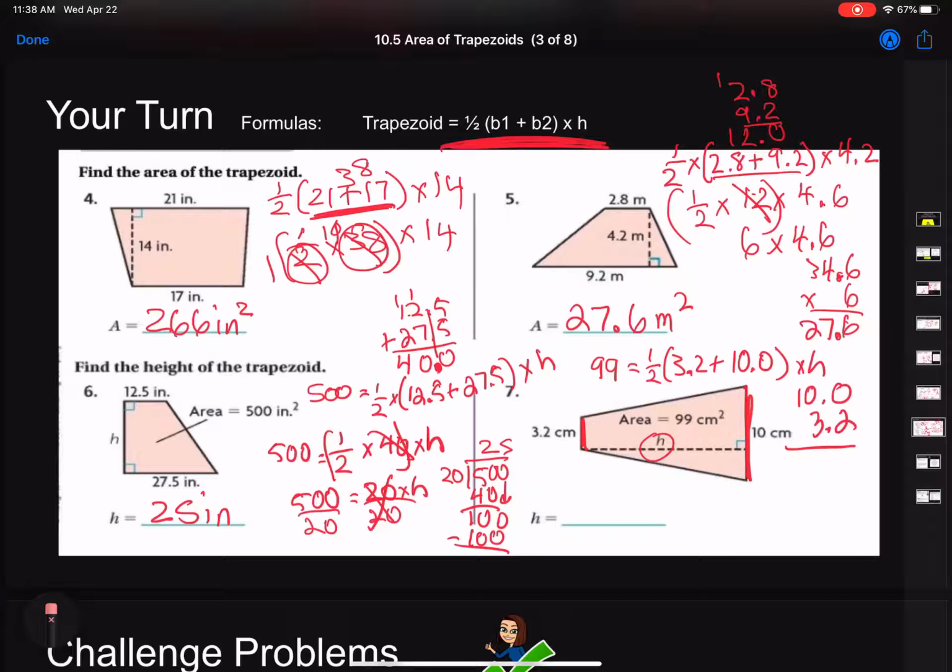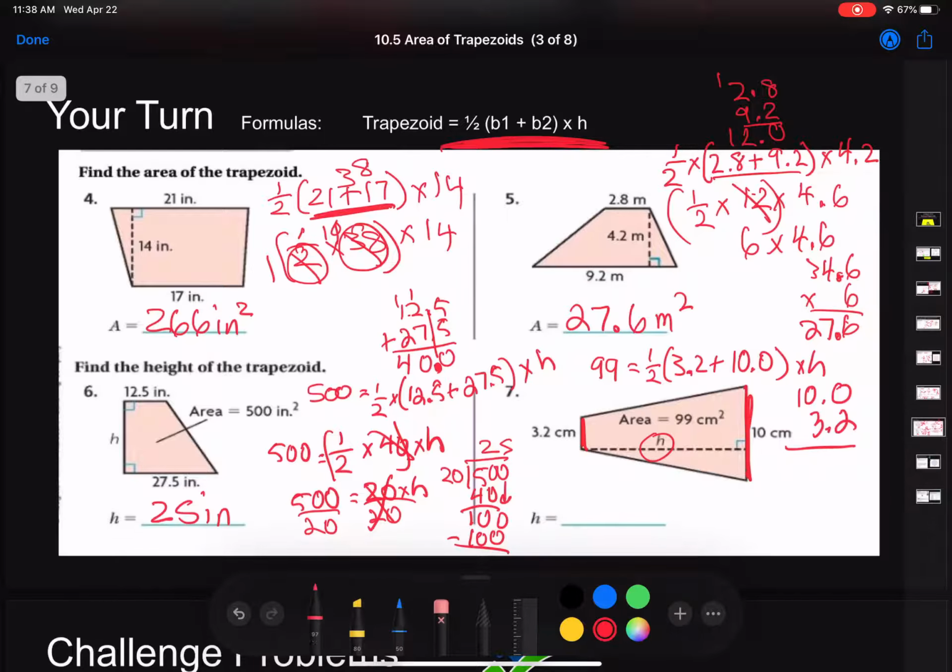So add these two up, you're going to get 13.2. So this becomes 13.2.